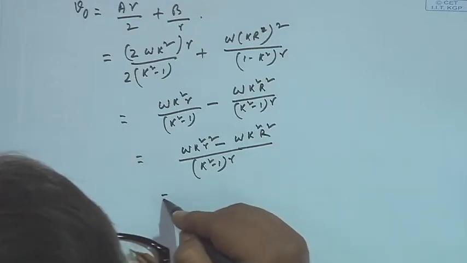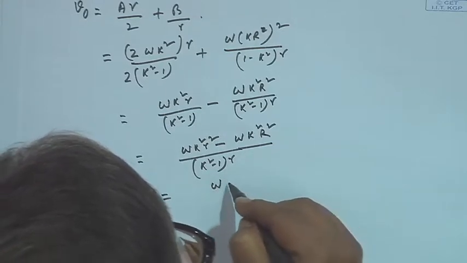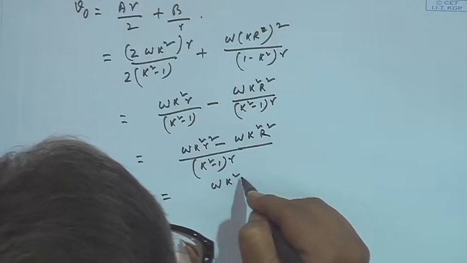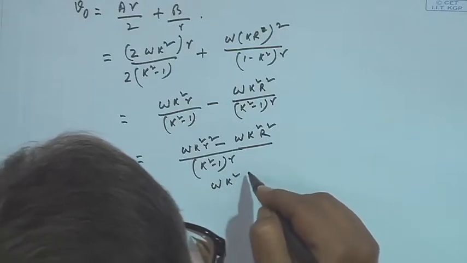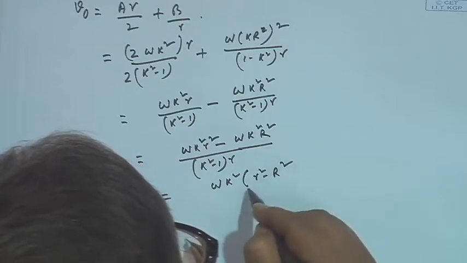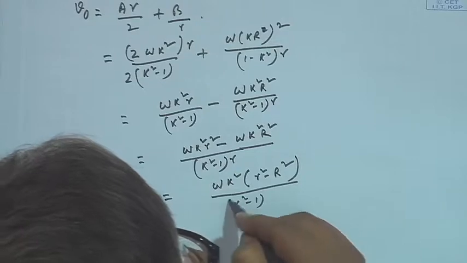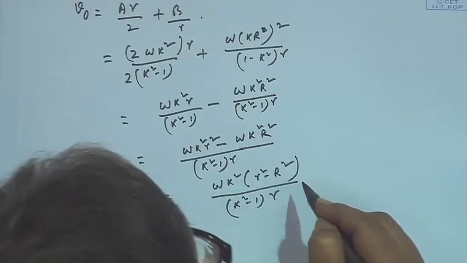So this on simplification can be written omega K square common, then R square minus R square divided by K square minus 1 into R.